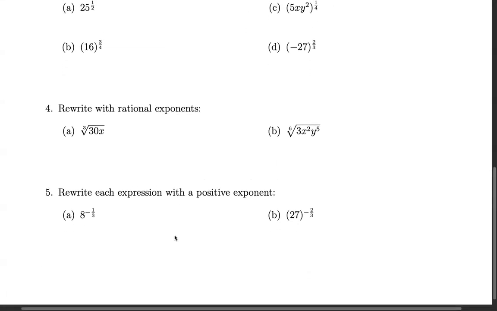Okay, let's see this 5. We want to rewrite each one with a positive exponent. We need to know one thing. If we have 1 over 2, we can write it as 2 raised to -1.